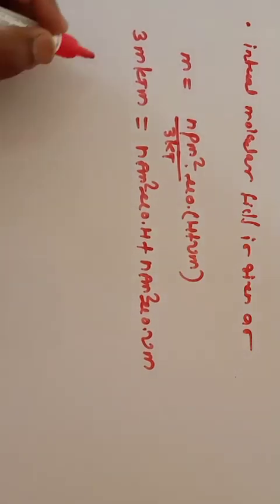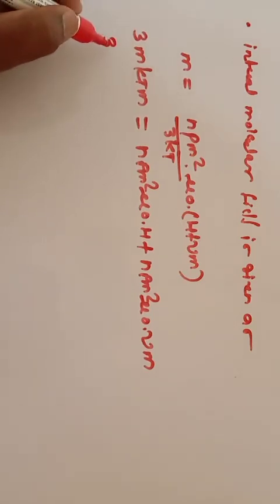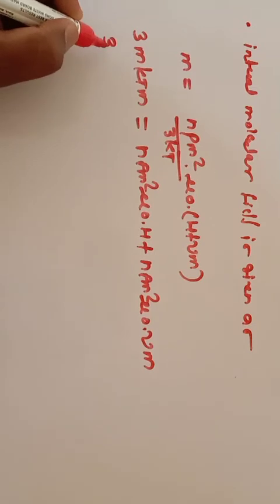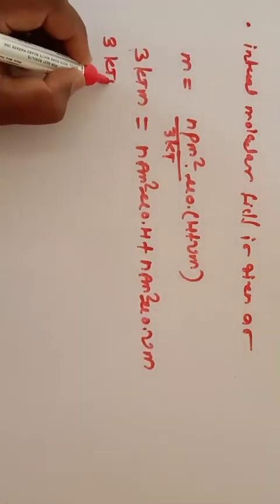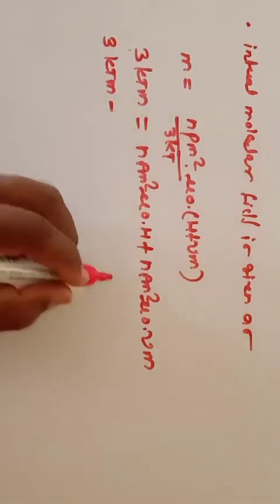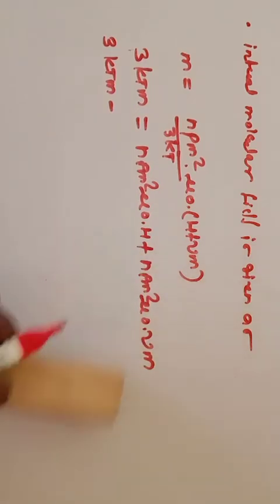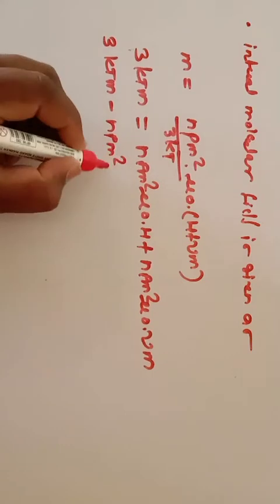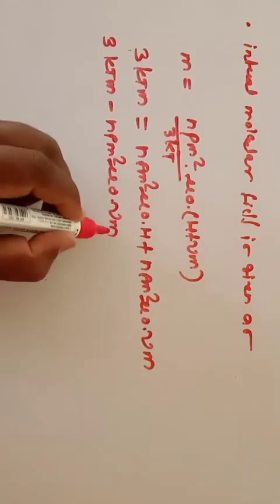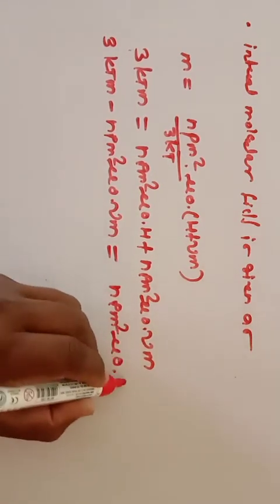Then we shift these terms to the left hand side, so it becomes minus. So we get 3kT M minus N Pm square mu 0 gamma M, which is equal to N Pm square mu 0 into H.